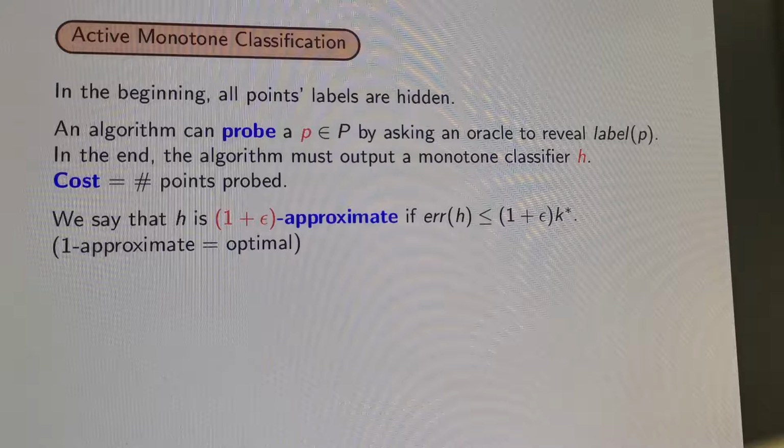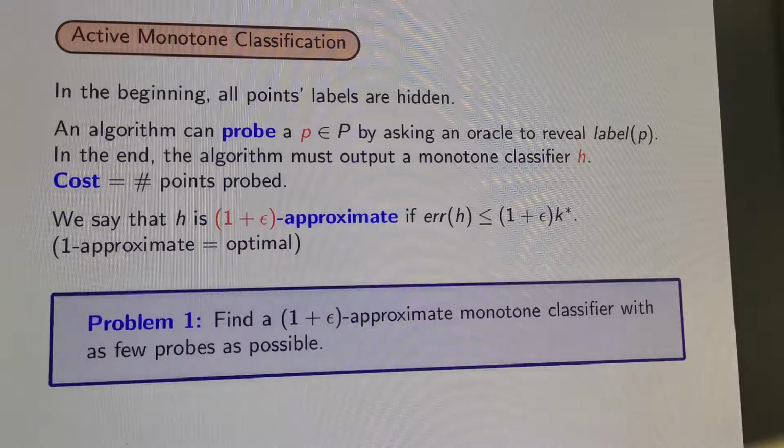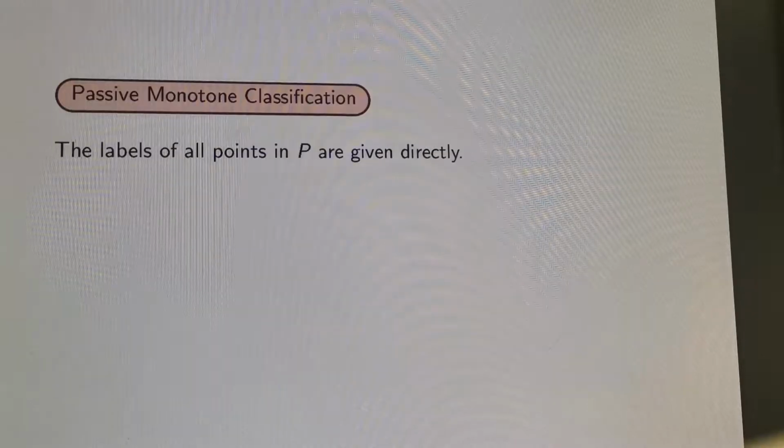And very naturally, we say that a classifier is 1 plus epsilon approximate if its error is at most 1 plus epsilon times K star, as you can see here. So the first problem statement is here: you want to find a 1 plus epsilon approximate classifier, and you want to probe as few points as possible.